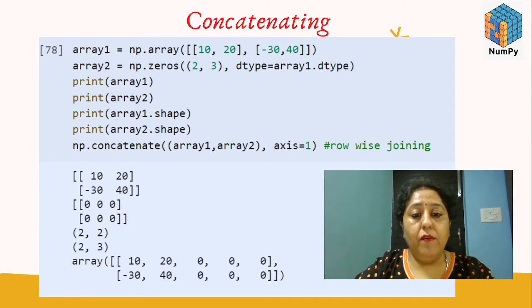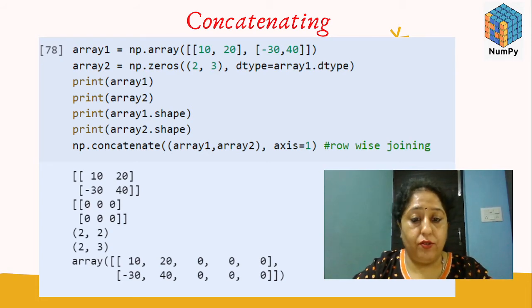Now here, once you use np.concatenate array1, array 2 on axis equals to 1, that means it is row-wise joining. Row-wise joining means that the first row of array 1 is concatenated with the first row of array 2.